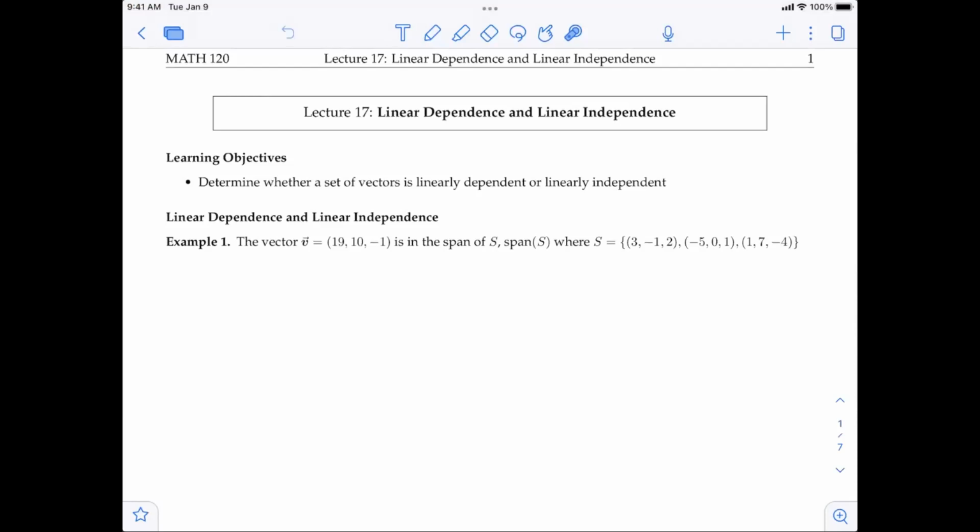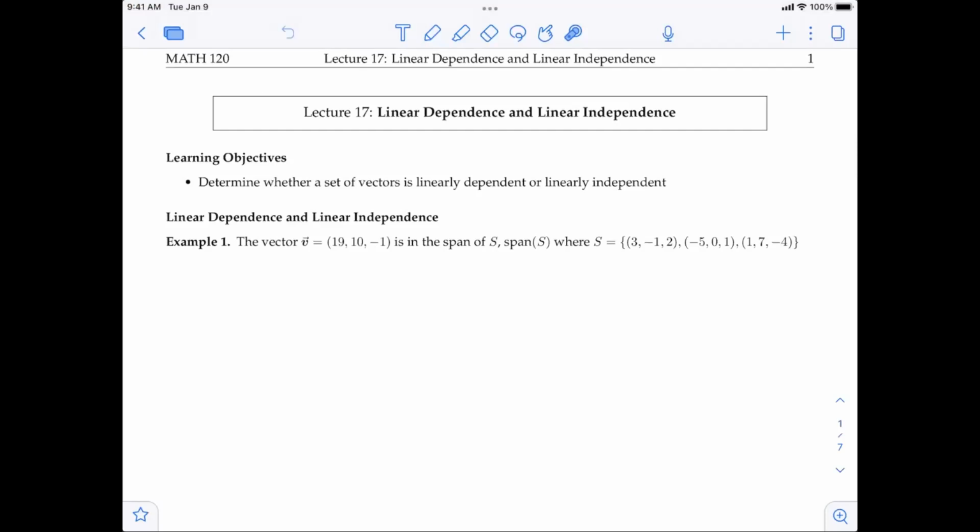In example one, the vector v of the form 19, 10, -1 is in the span of S. In lecture 16, we looked at the definition of the span of a set, which is also a set. This set is the set of all the linear combinations of the vectors in S. By that definition, vector v is in the span of the set S.